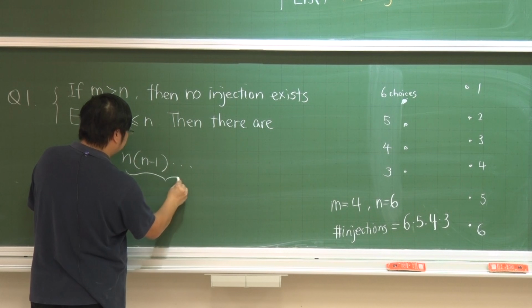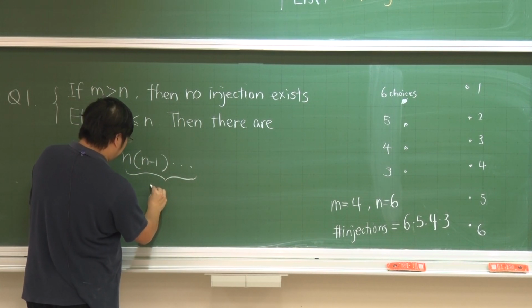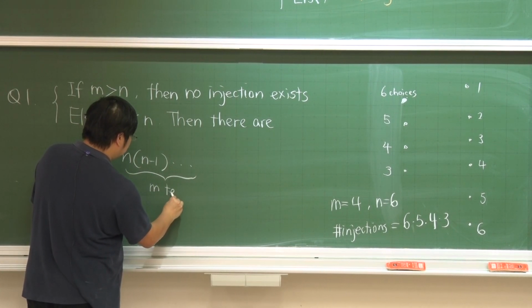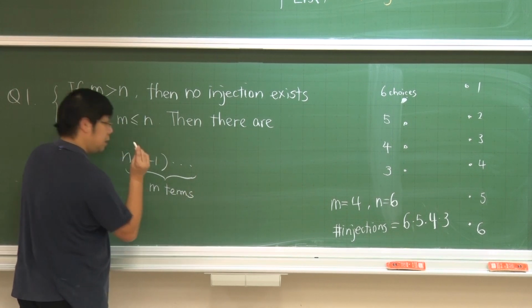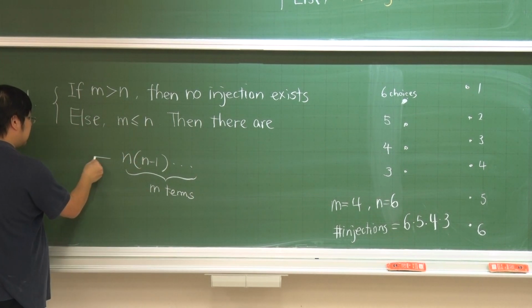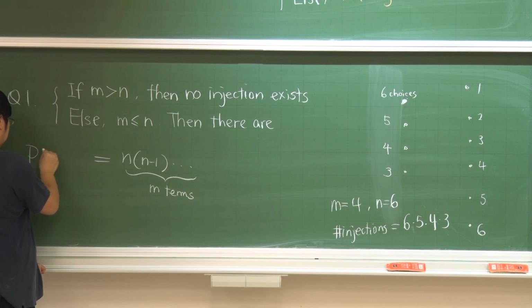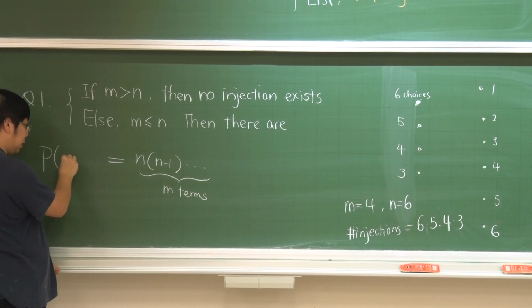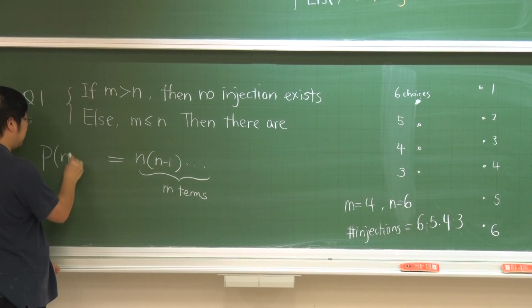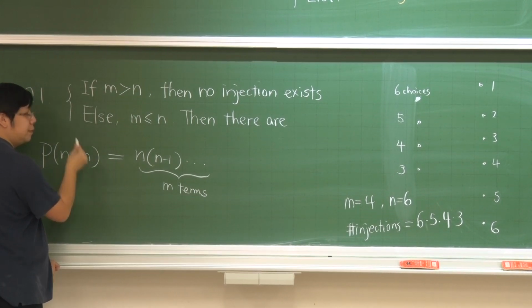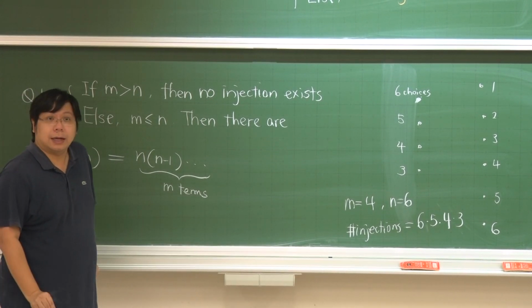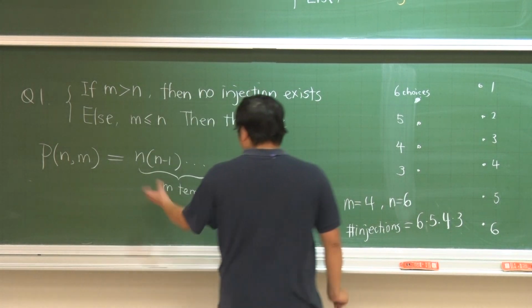And we need to make m of them, so there are m terms here. This is exactly the number of permutations. You have n items to pick, but you pick only m of them. Is that okay?